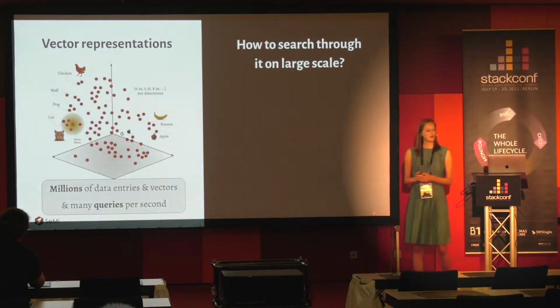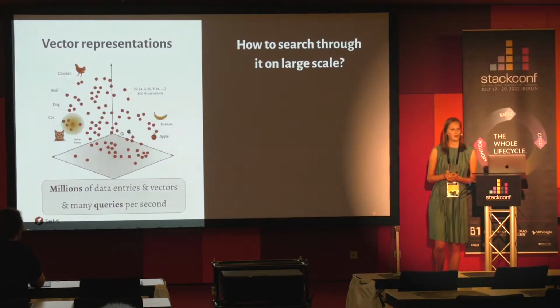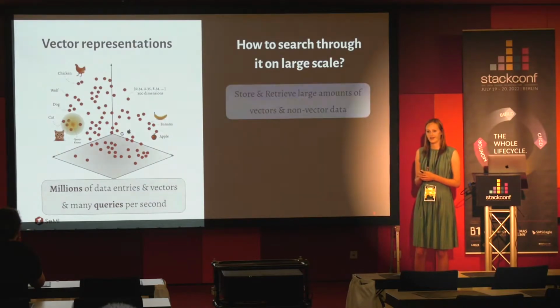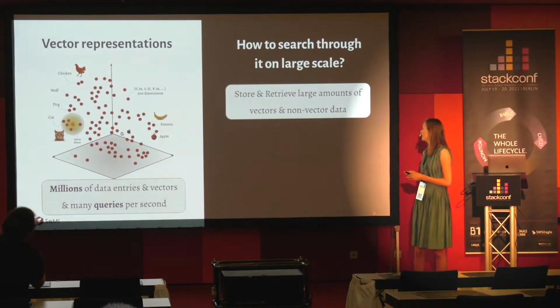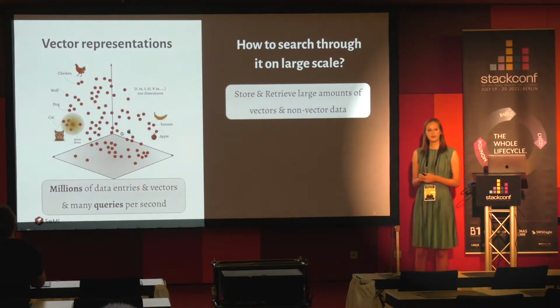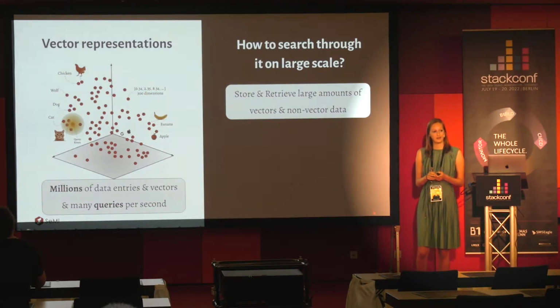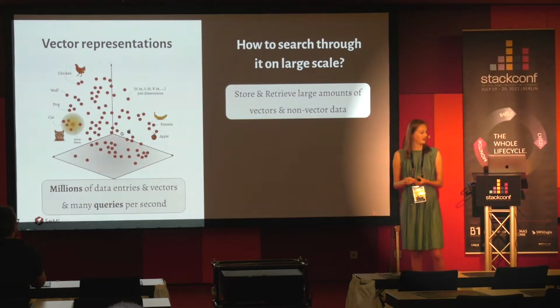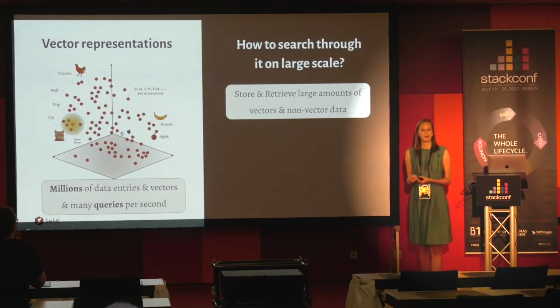So the question becomes how to search through it on a large scale. And here are a few more requirements that we need. First of all, to scale it, we want to store and retrieve the large amount of data and their vectors.